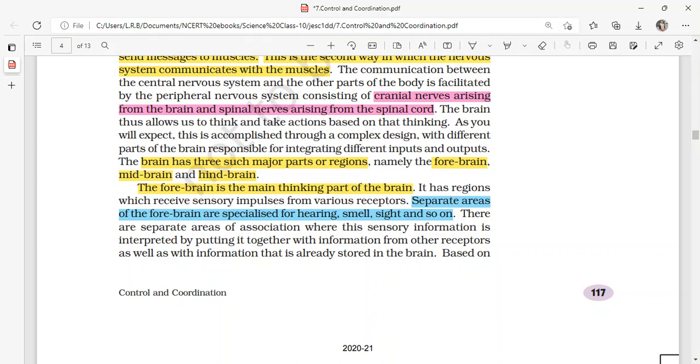There are separate areas of association where this sensory information is interpreted by putting it together with information from other receptors as well as with information that is already stored in the brain.